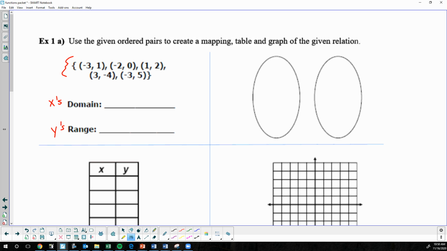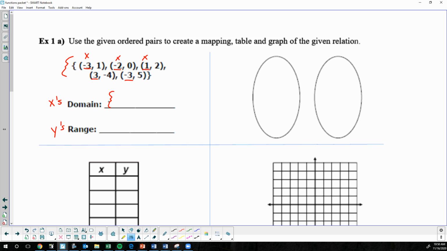So one of the things you've got to remember is which number is the x and which number is the y. The x's are the first numbers. So -3, -2, 1, 3, and -3. When we're listing the domain, we do that squiggle brace and we list the x numbers.